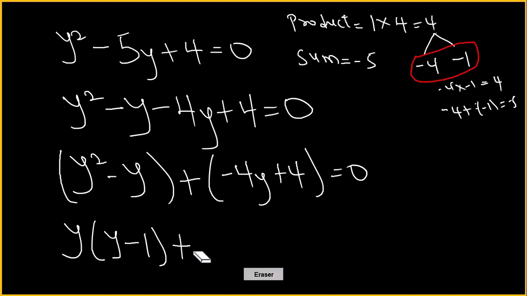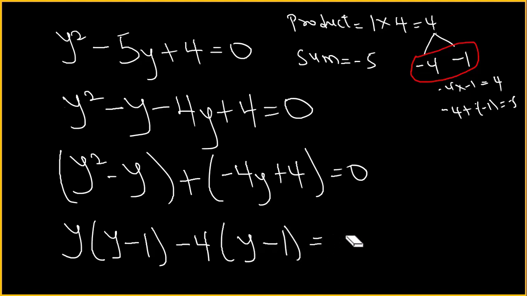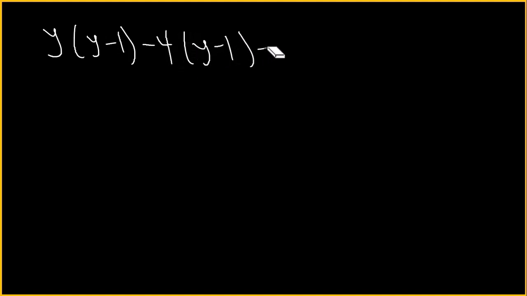So here I'm factoring negative 4 out in order to suit this factor, y minus 1 equals 0.